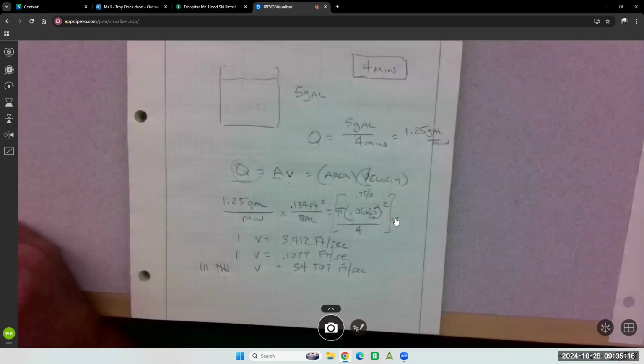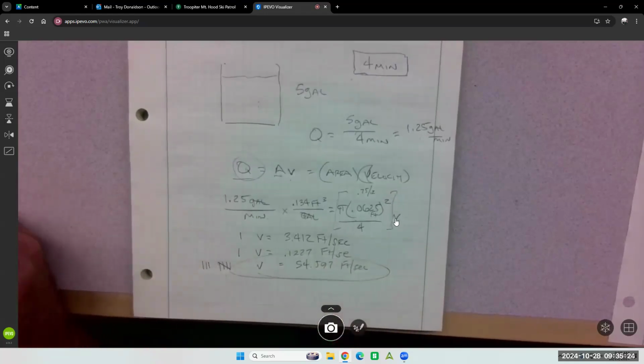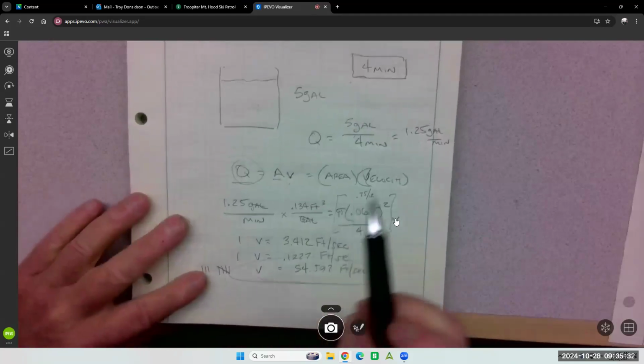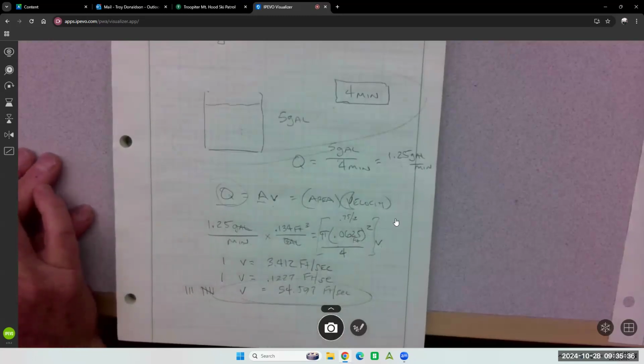You're standing there a while. All right, I get the bottom one. There it is, 54 feet per second. If this is all true, it's traveling very fast, right?